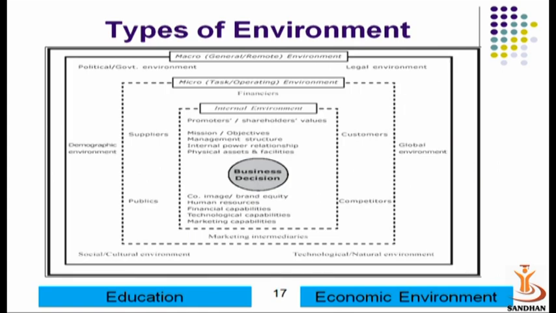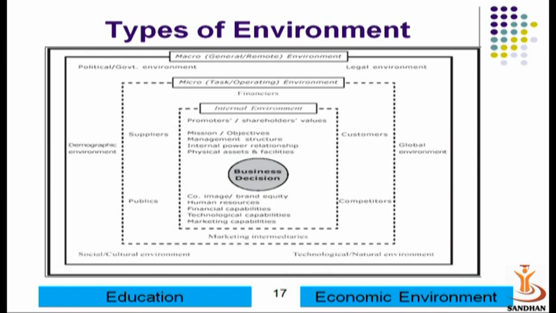Broadly, when we look at this chart, business decisions are at the center. They are surrounded by the internal environmental factors, and intermediary there are suppliers, public, customers, competitors, which are the micro environmental factors of the external environment.